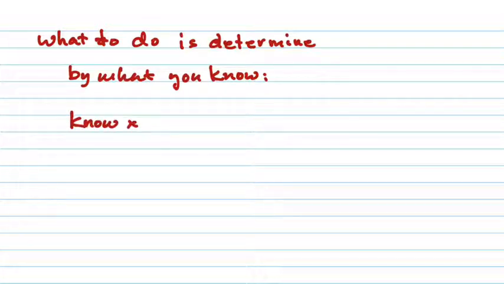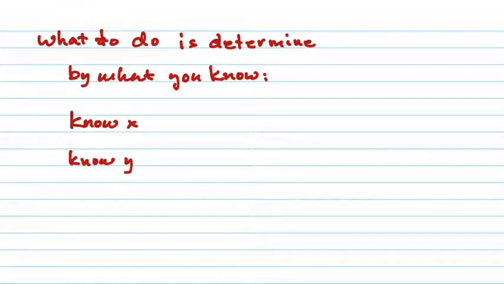If you know x, now it might not be x, but x is usually the variable in a function, right? f of x equals x squared plus 3x minus 2. That's what I mean by knowing x. It could be t, it could be whatever, but it's your independent variable, the thing that drives what's happening. You could also know your y, that's the f of x part.